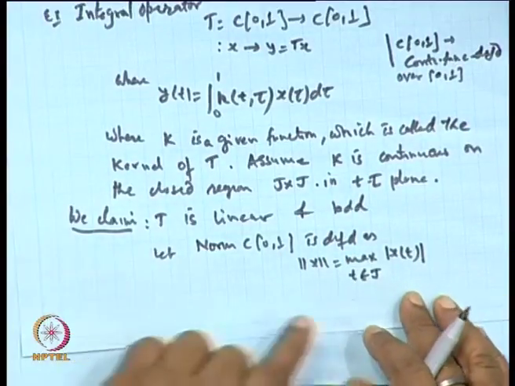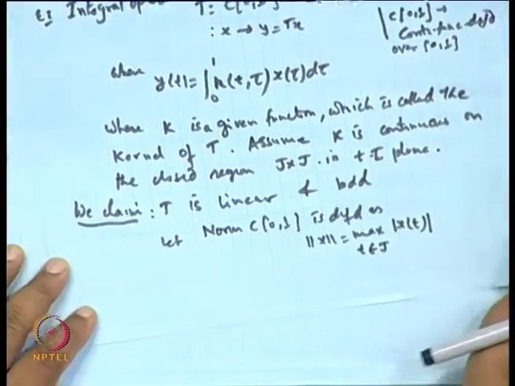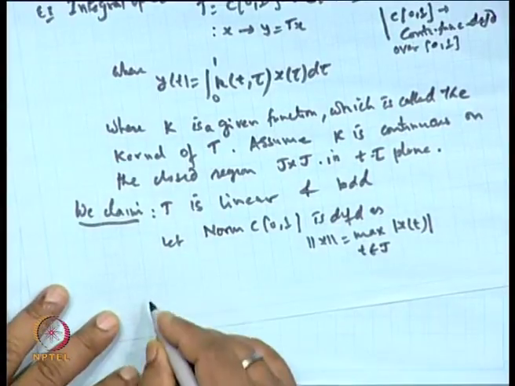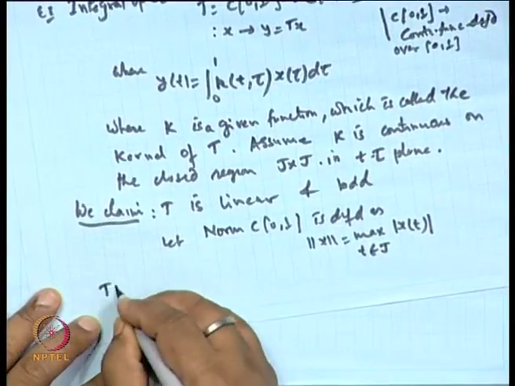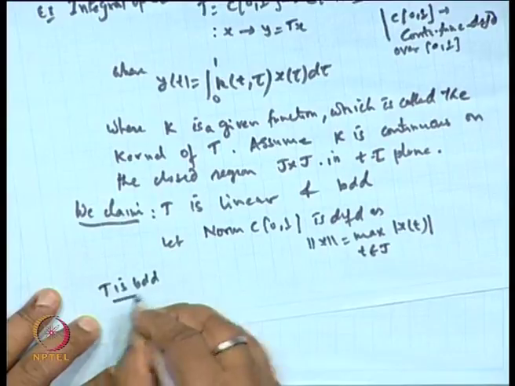We are choosing the norm in this form. Now, once you take this, T is bounded.